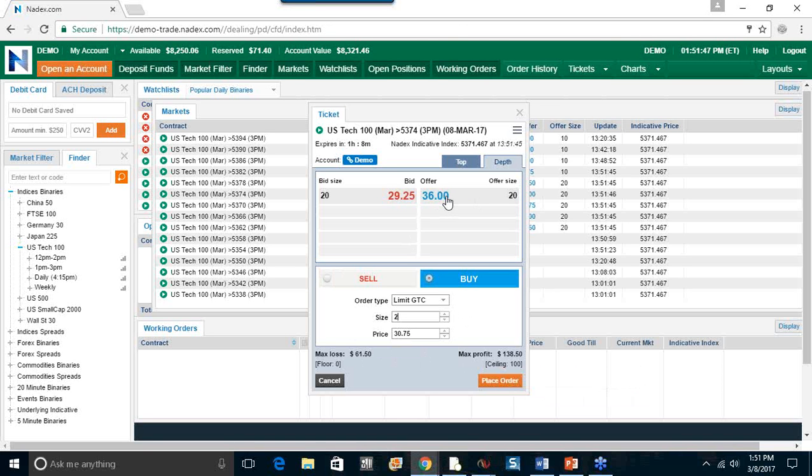Also think about this. If you are using in-the-money binaries, risking 75 to make 25, well, what if you risked 61 to still make 25? How much would each binary have to go up in value for you to make 25 bucks on this trade? Each binary only has to go up $12.50 in value, right?